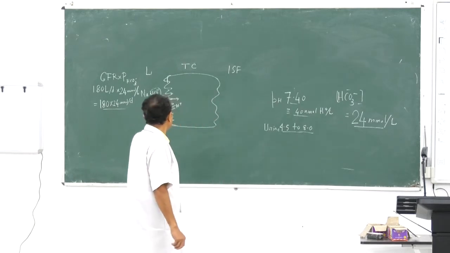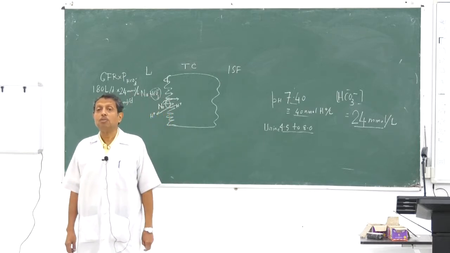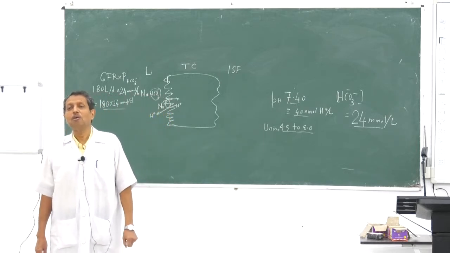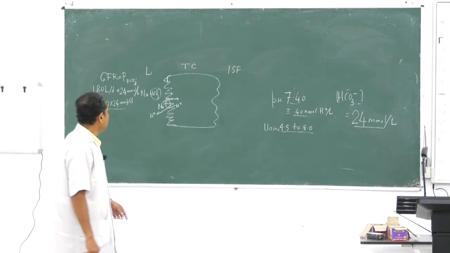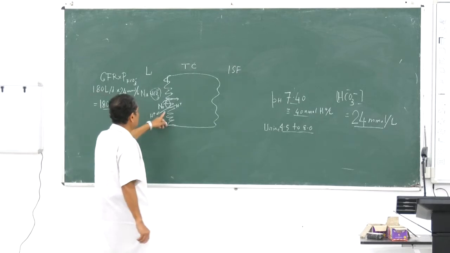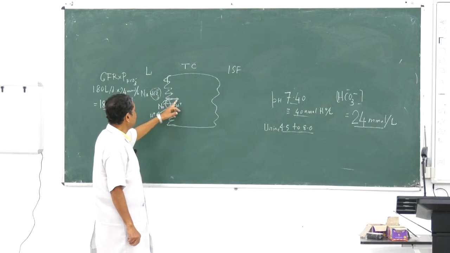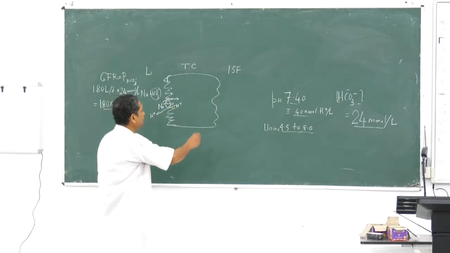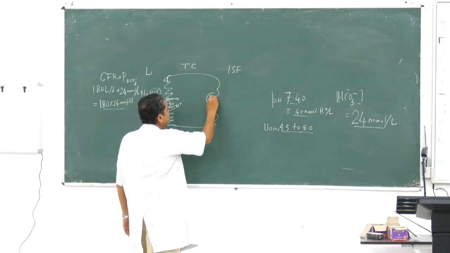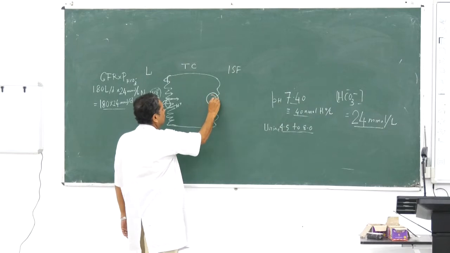It is all reabsorbed, mostly from the proximal convoluted tubule, by this antiport mechanism. Sodium ion entering and hydrogen ion coming out, and in the basolateral membrane the same sodium potassium ATPase is present. It is active transport.